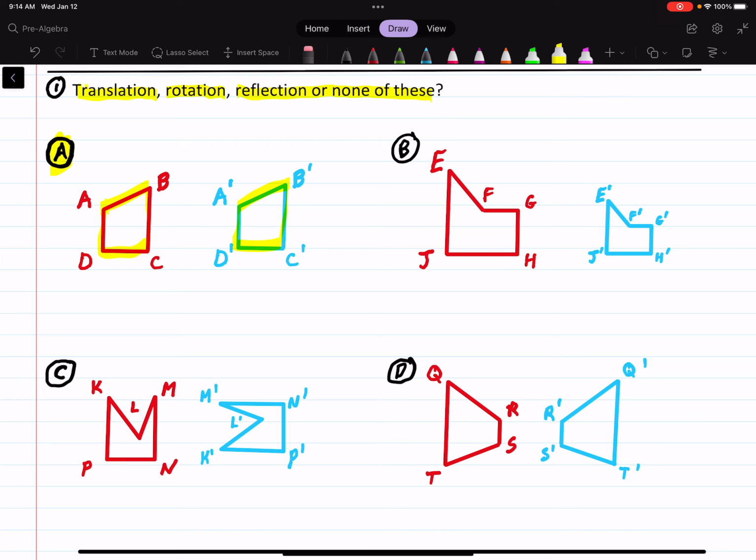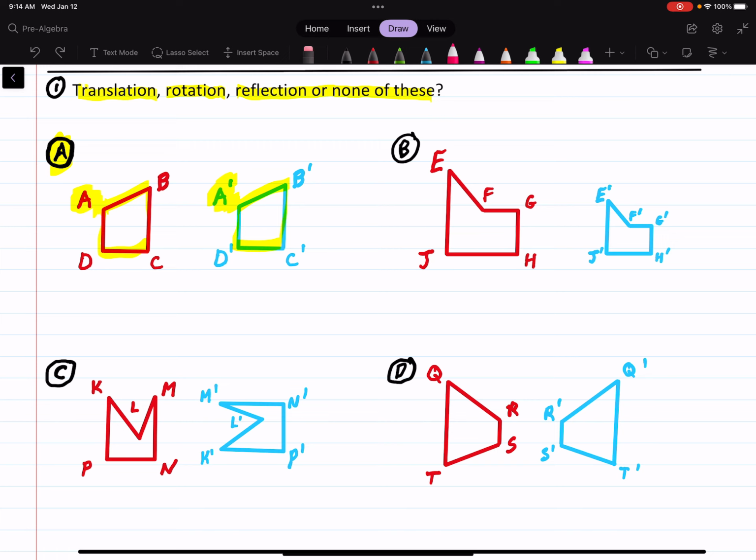Now, I want to introduce the concept of point naming. Notice that when we move from point A to the new point A, we're going to call it A prime. So it has the same name, but that little tick mark right up here is called the prime of A. So A prime just relates the point back to where it started from.